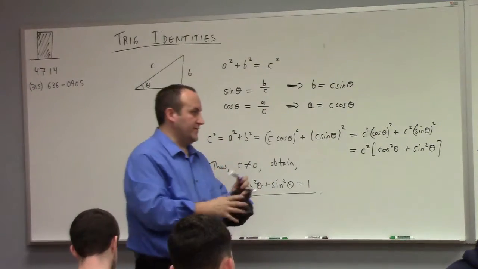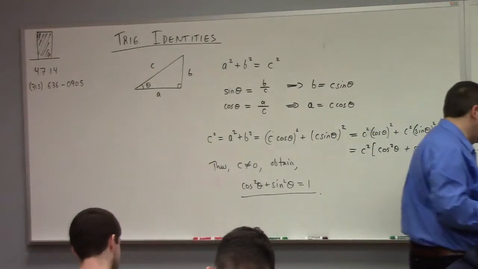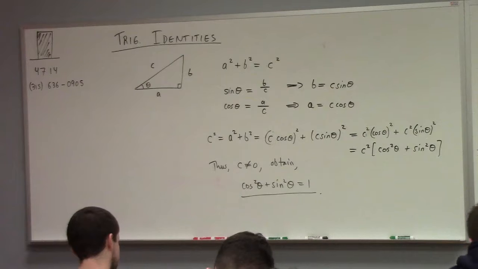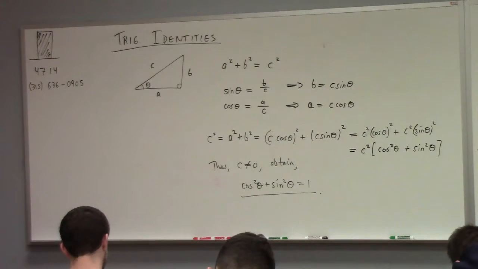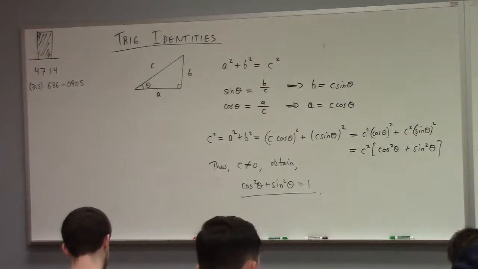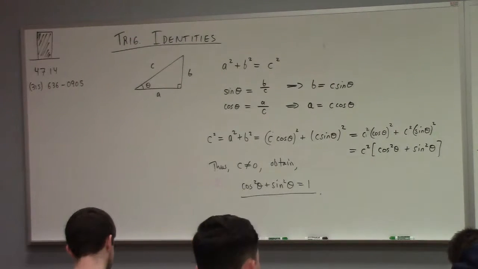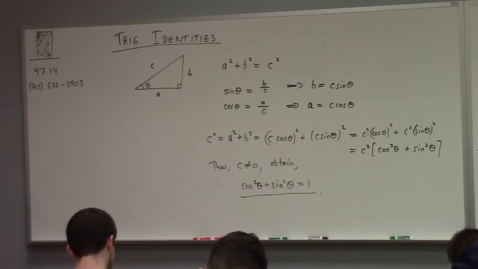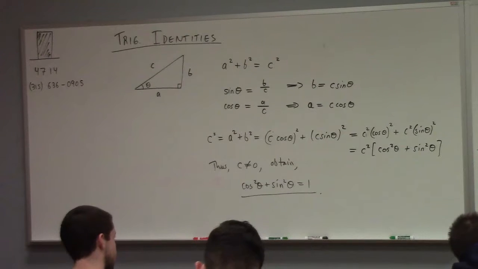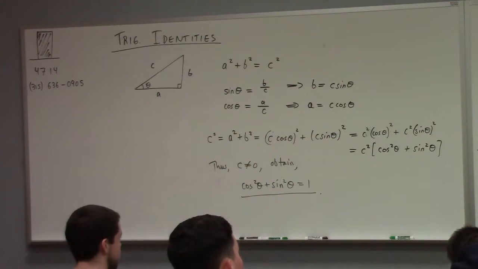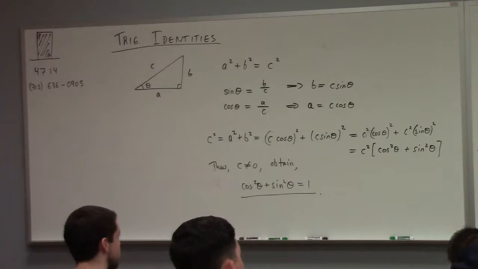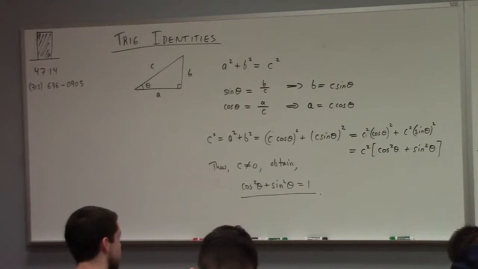There's also double angle formulas, right? Sine of 2 theta, cosine of 2 theta. What are those? If we look at the cosine of 2 theta, what would that be? We'd get cosine of theta plus theta. So in other words, beta is equal to theta, and that just gives us cosine squared theta minus sine squared theta.